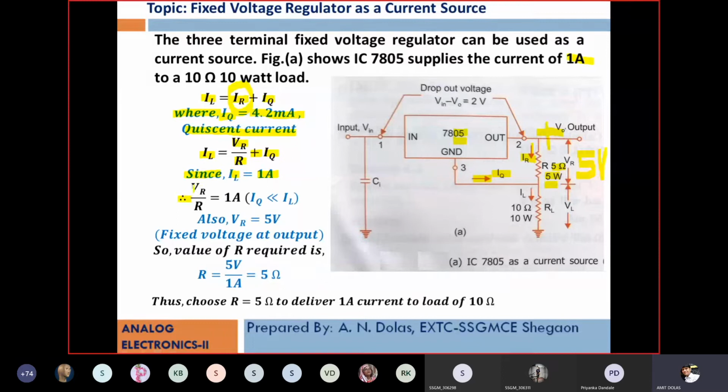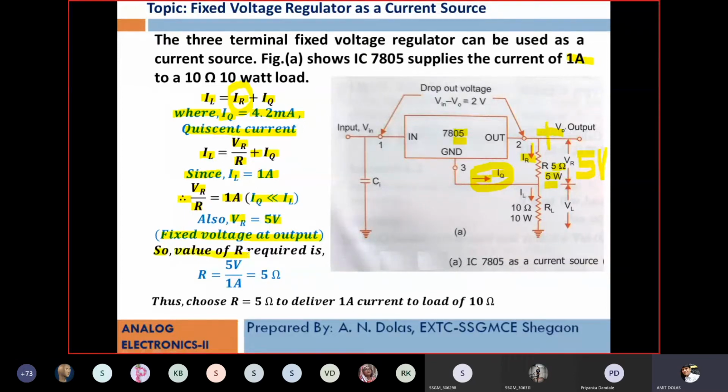So therefore I may write VR by R is equal to 1 ampere, because in front of 1 ampere, 4.2 milliampere is a very less quantity. So we neglected the value of IQ, this quiescent current, we neglected that. So ultimately VR is 5 volt, as we are using the 7805 IC, fixed voltage regulator IC.